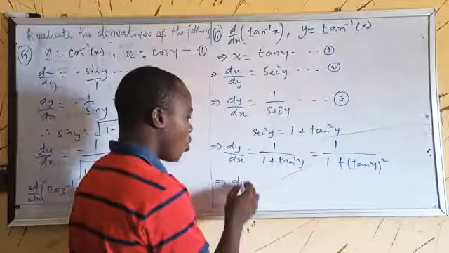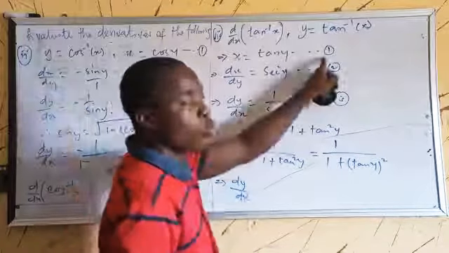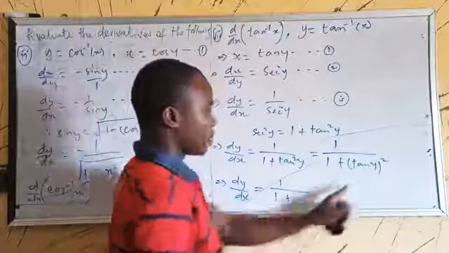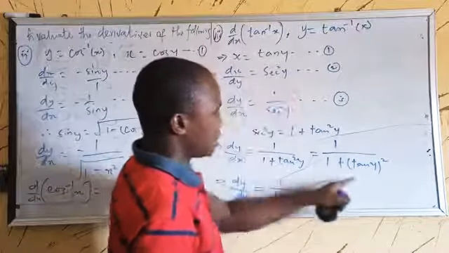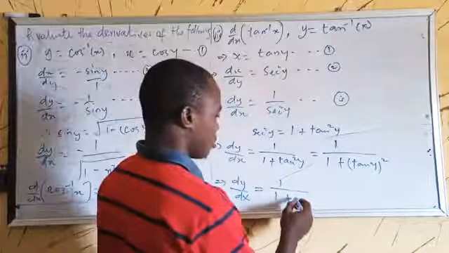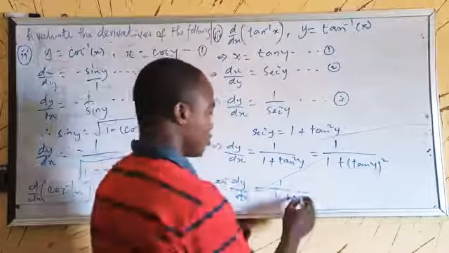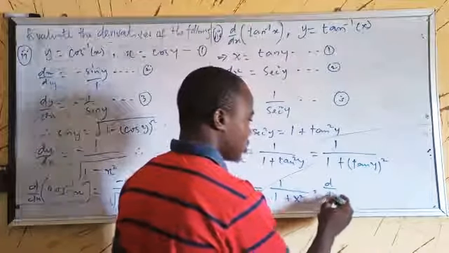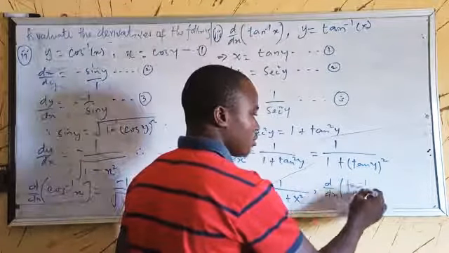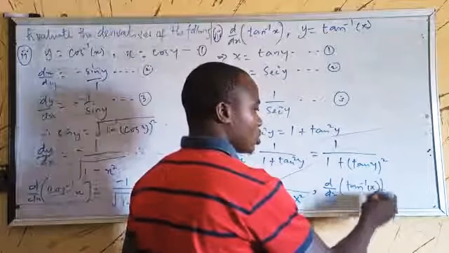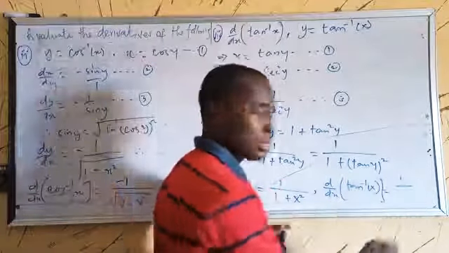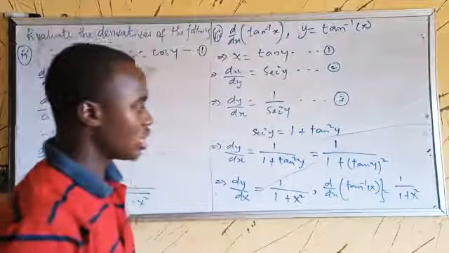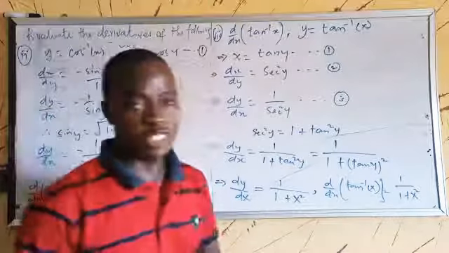From what we have up there in equation 1, tan y equals x. So we have x squared here. Therefore the derivative of tan inverse of x will give us 1 over 1 plus x squared, which is the general form.